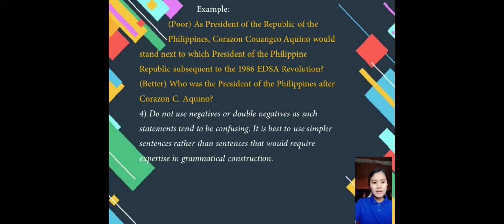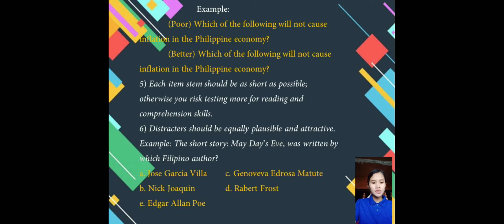Number 4 guideline. Do not use negatives or double negatives, as such statements tend to be confusing. It is better to use simpler sentences rather than sentences that would require expertise in grammatical construction. For example, which of the following will not cause inflation in the Philippine economy?